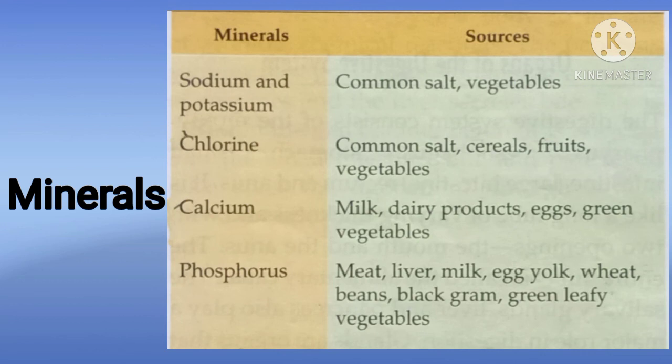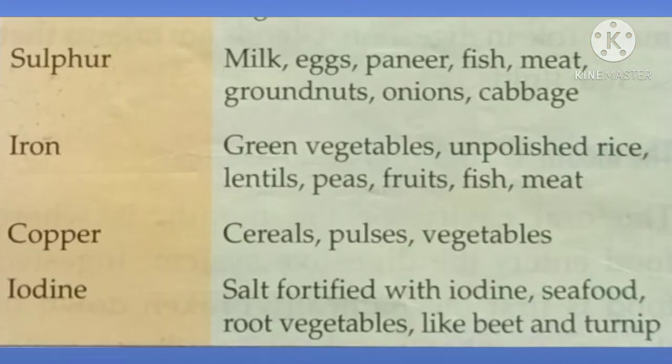Now we discuss some sources of minerals. Some minerals are sodium, potassium, chlorine, calcium, phosphorus, sulfur, iron, copper and iodine. The source of sodium and potassium is common salt and vegetables. The source of chlorine is common salt, fruits and vegetables, cereals, etc. The source of calcium is milk, dairy products and green vegetables.